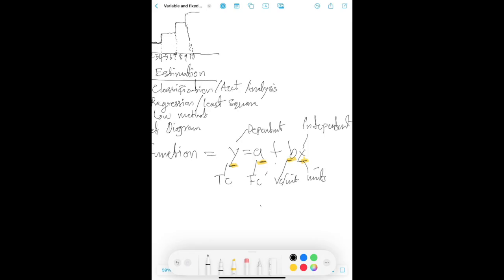Your total cost depends on the number of units produced. So what drives your cost is how many units you produce. If you produce more, of course you agree with me that your total cost will change. If you produce less, your total cost, which is y, will also drop. So that is why we say y is depending on x. y is the dependent variable, x is the independent variable.